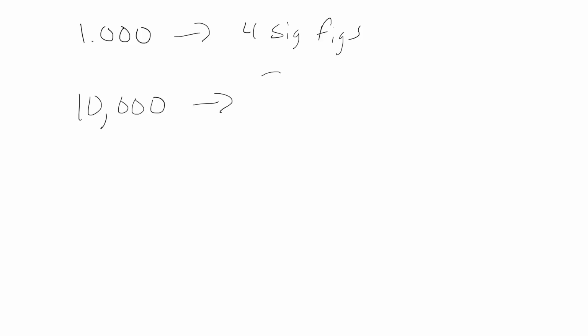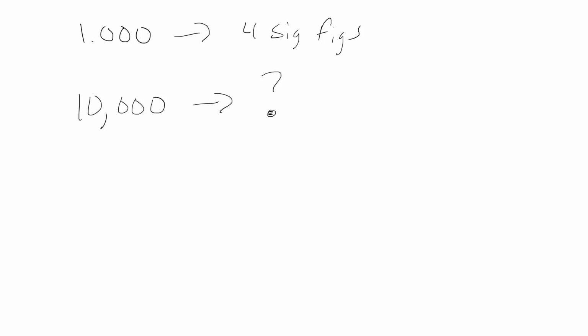Just like another scenario, what if I have 1.000? This is actually going to be four significant digits. What about if I have this number though? In this case, it's a little bit different, because there is no decimal place.